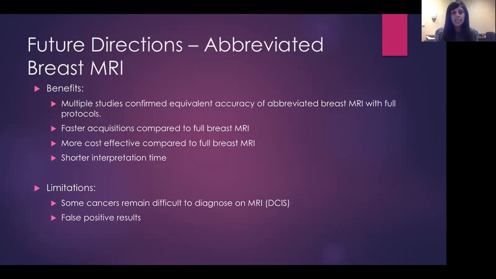It is faster, so it takes about half the time as a full MRI. And because it's faster, and because it has fewer images, it is more cost effective compared to the full MRI, and it requires a shorter interpretation time. Limitations, again, false positive results, and then some of the cancers can remain difficult to diagnose on MRI, specifically DCIS.